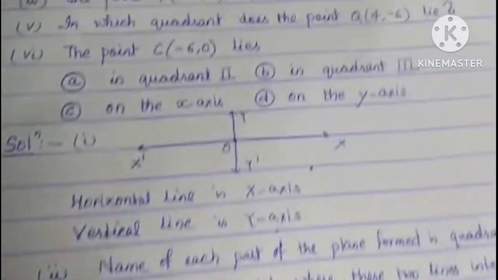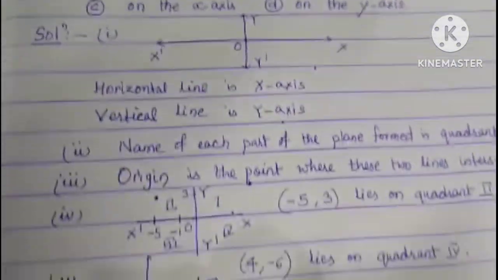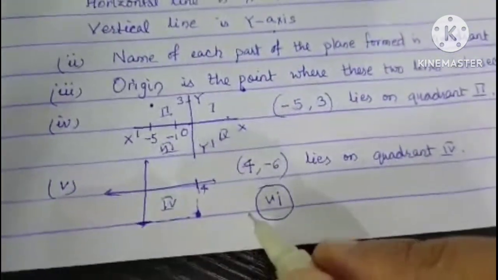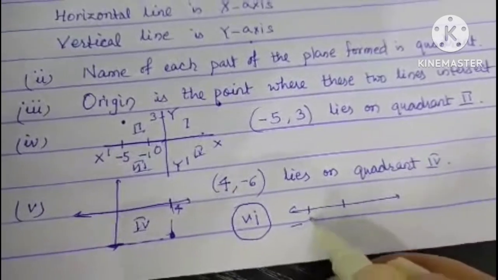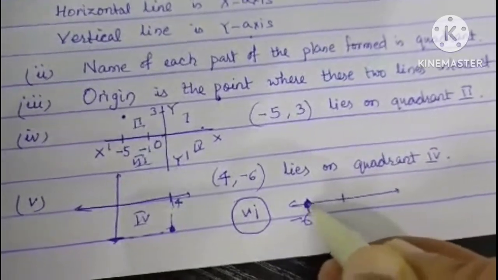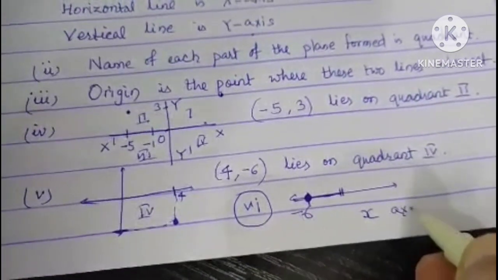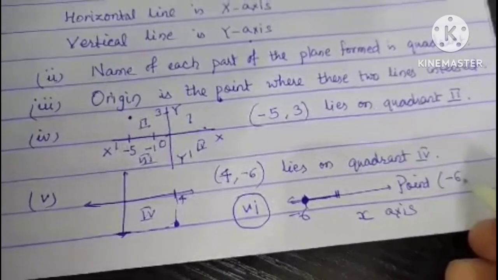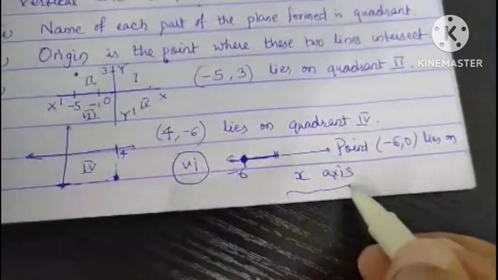The last question was, the point C minus 6, 0 lies. The point was minus 6, 0. As we all know, if this is minus 6, it will lie here on the x-axis, the negative x-axis. So the point minus 6, 0 lies on the x-axis.